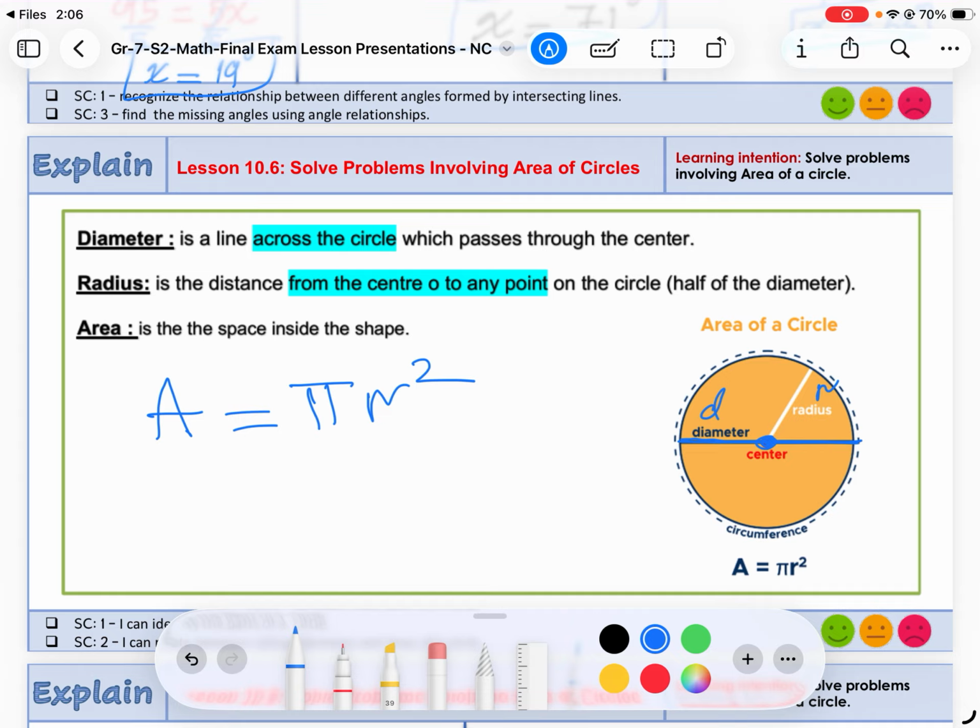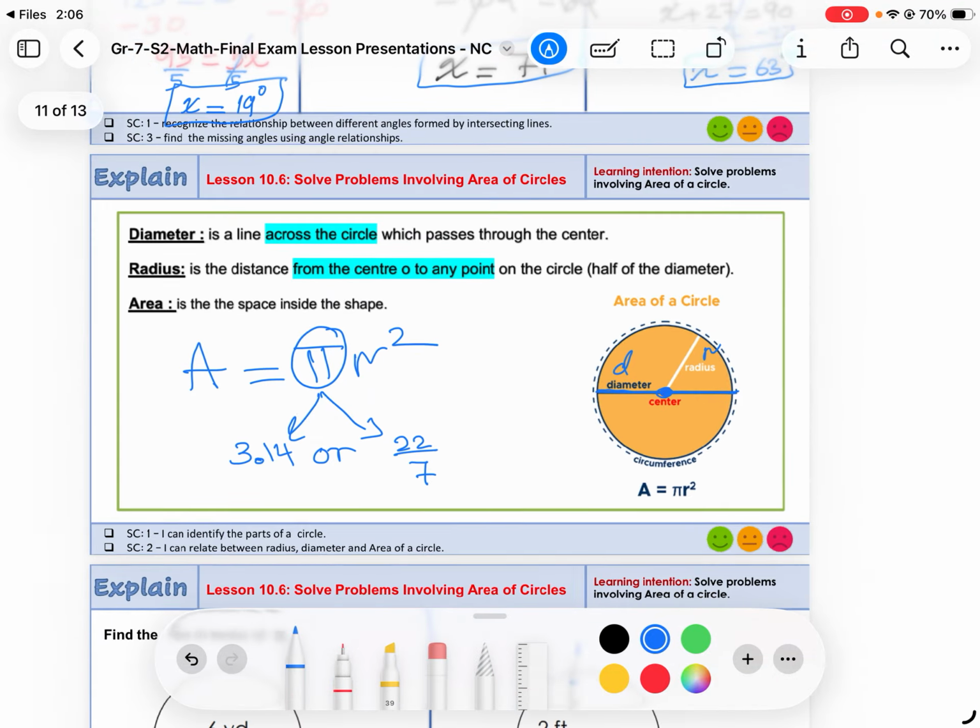Pi has two values. The famous value, which is 3.14, or pi could be equal to 22/7. So either you use the decimal to represent pi, or you use the fraction 22/7. These are fixed numbers, they cannot be changed.